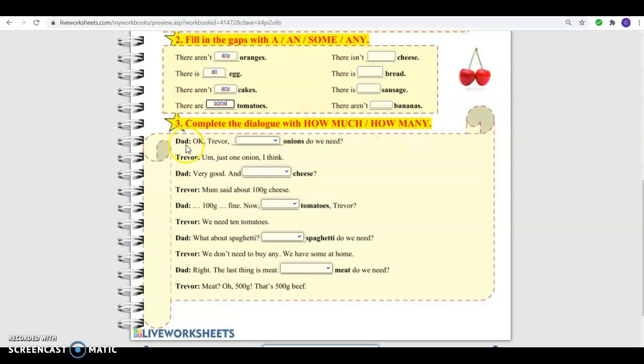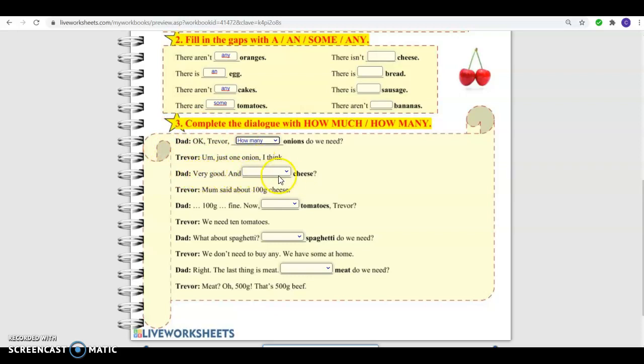Okay, let's start. That says, okay, Trevor, we have onions. Do we need onions? It's in plural. Plural countable. How many onions do we need? Just one onion, I think.